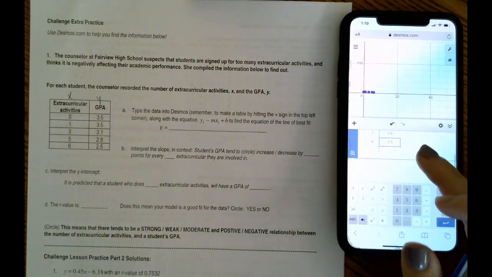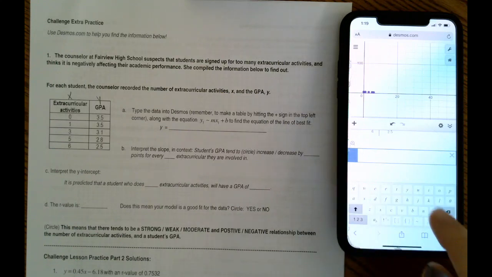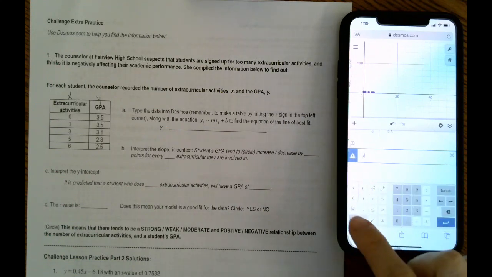We're going to put in our linear regression equation here.